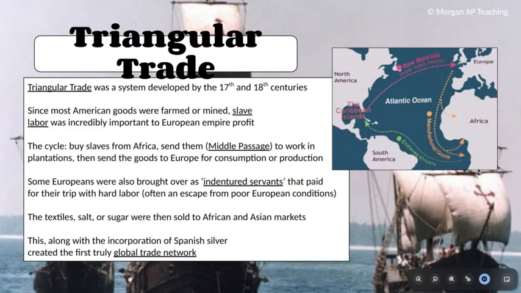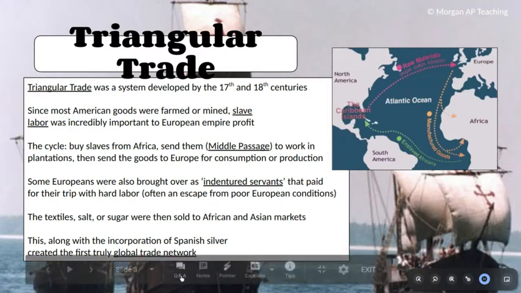From there, they would pick up some slaves from Africa and then take them over to the Americas. Then they would have their plantations, and they would get all their raw materials such as sugar, cotton, and tobacco, and then take it back to Europe. And that's how the triangular trade would continue.